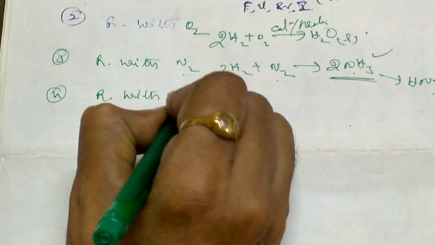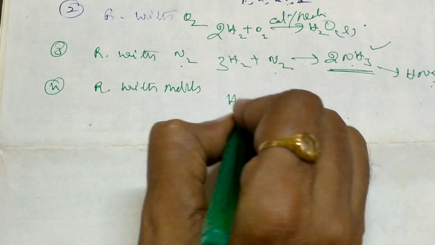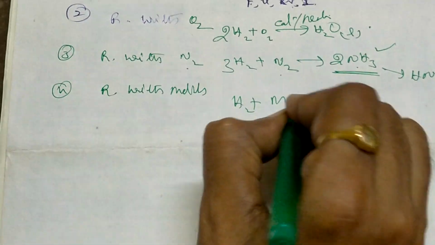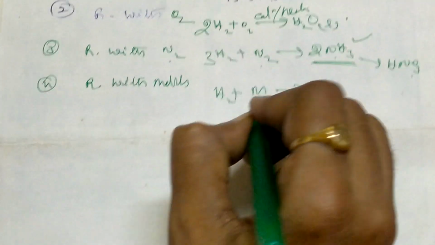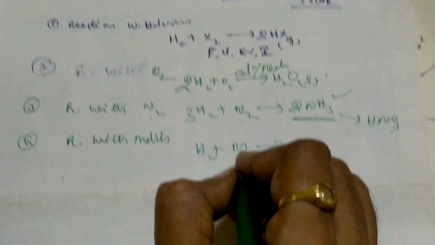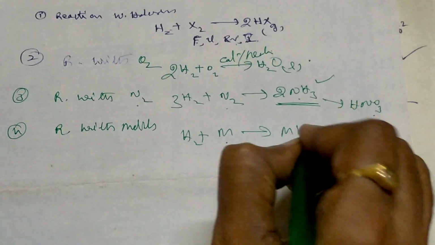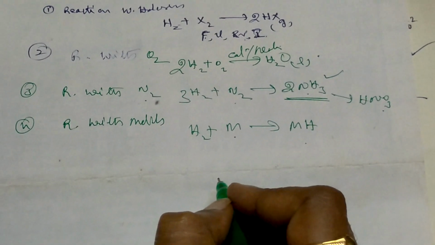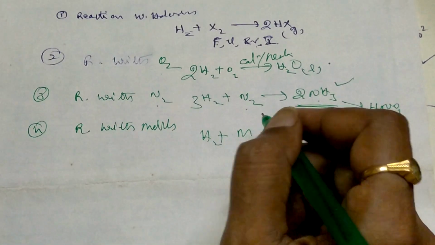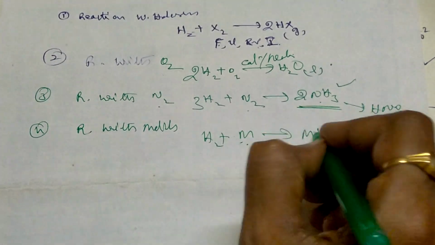Then reaction with metals. Hydrogen with alkali metals, such as lithium and sodium, gives the metal hydride, MH, where M is an alkali metal.